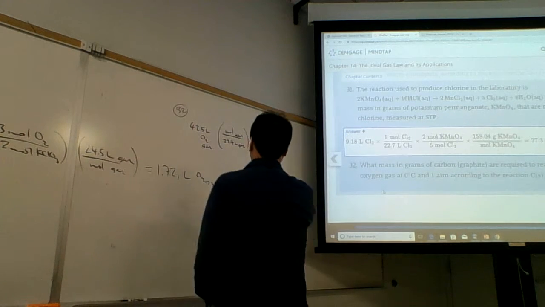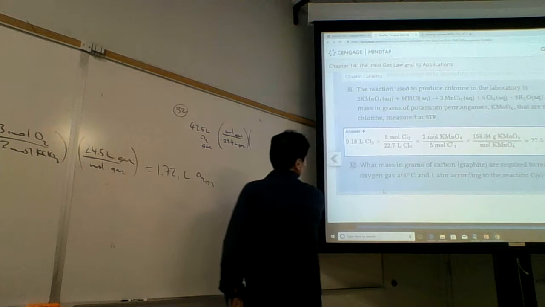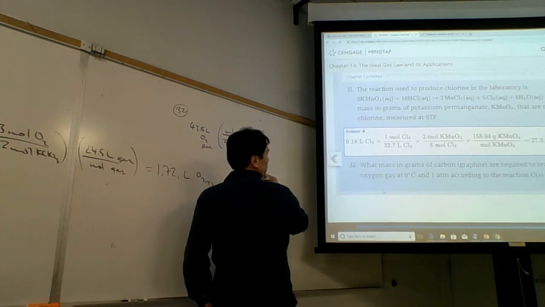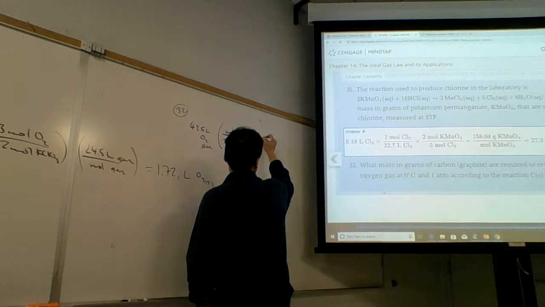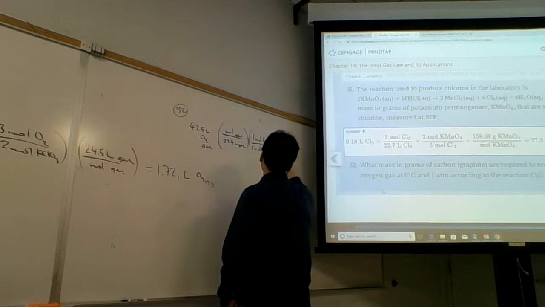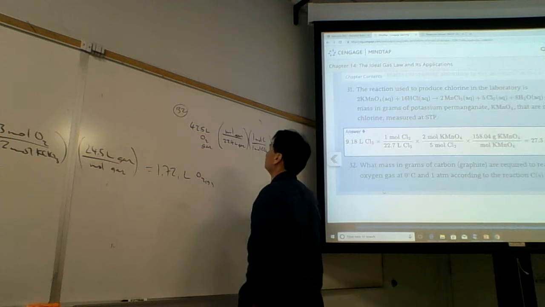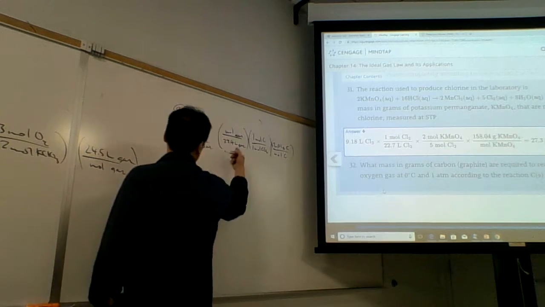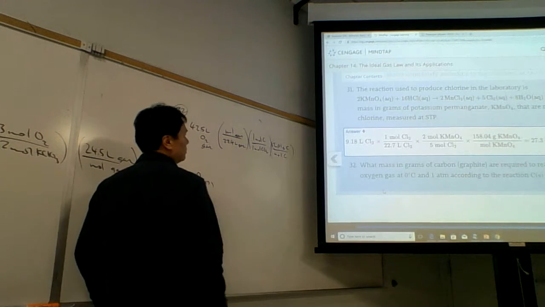That gives us moles of O2. Once we have moles of O2, we can go to moles of carbon. It's a 1-to-1 mole ratio, so 1 mole of carbon for every 1 mole of O2, and then 12.01 grams of carbon for every mole of carbon.